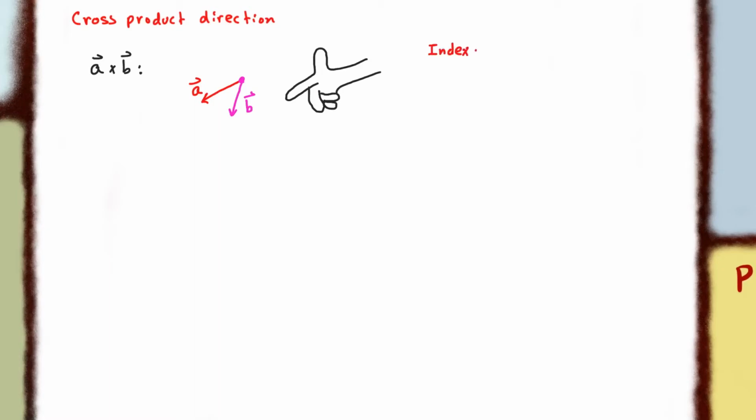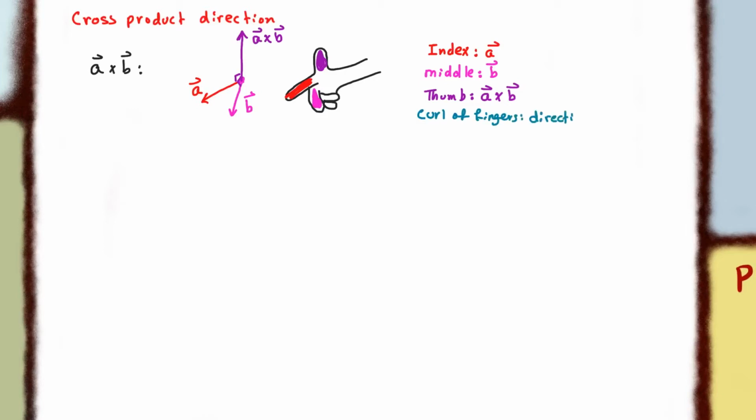To do this, we use our index finger to represent the first vector, which is A. We use our middle finger to represent the second vector, in this case vector B. And our thumb will point in the direction of the resultant vector, which is the cross product of A and B. Now, the resultant vector is perpendicular to both vectors A and B. To figure out the direction of rotation, we point our thumb towards the direction of the resultant vector, and the way that our fingers curl is the direction of the rotation.